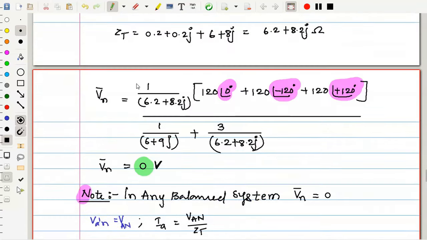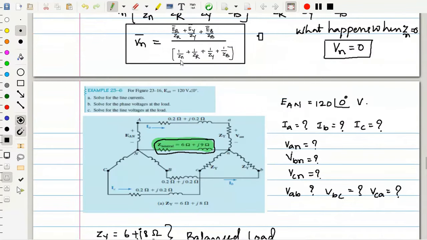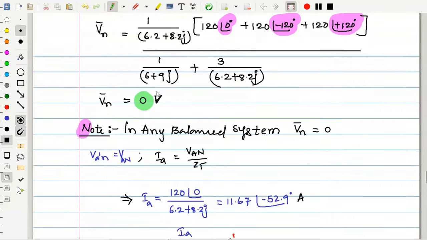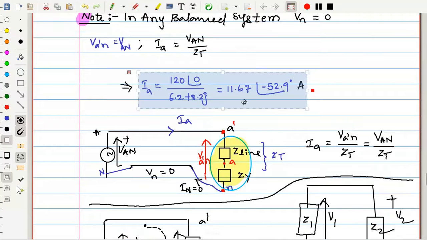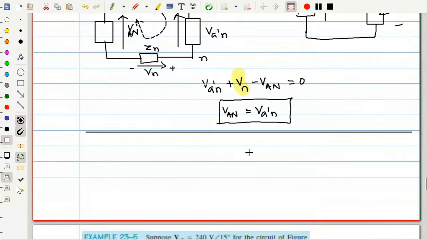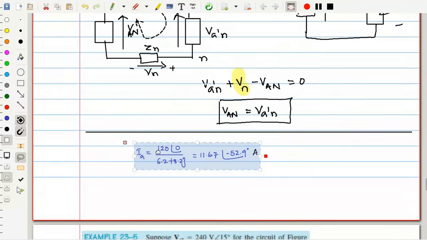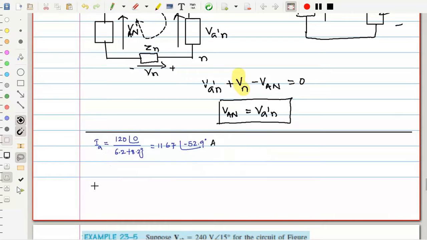Anyhow, so we got the line currents. Is that clear? Which line current? A phase line current. Now, once I know the A phase line current, I can make it in this way. This is the A phase line current. Because the system is balanced and it is ABC sequence, I can directly write the remaining two phase currents without calculating.